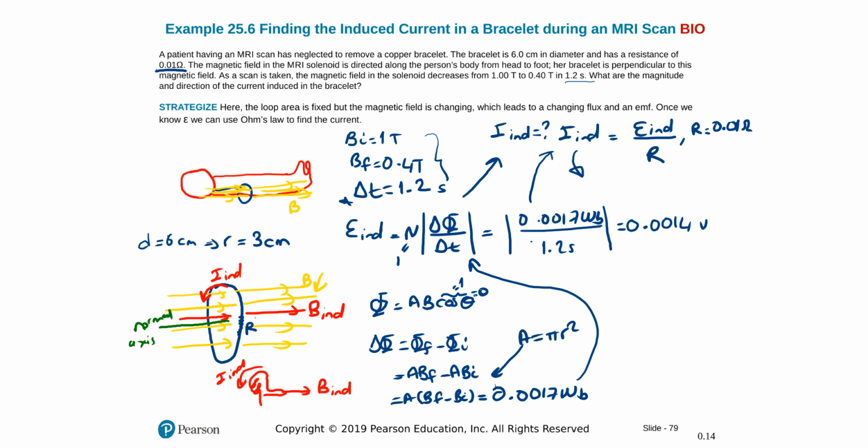For the current, you should find 0.14 amperes. Alright, that's a very nice question, where we both use Lenz's law to find the current direction, and Faraday's law to find the value of induced EMF, and finally Ohm's law to find the induced current. Alright, that's it. I'll see you in the next lecture.